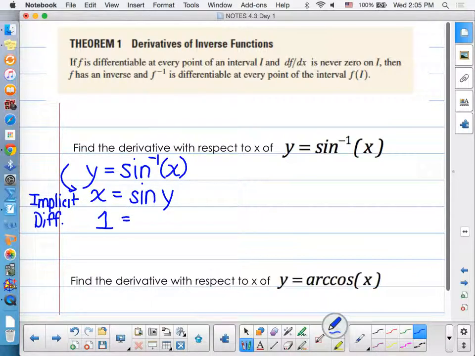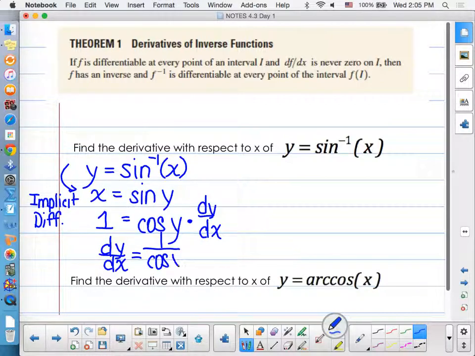The derivative of the right-hand side, well, sine's derivative is cosine, but since I don't know the y function, I need to talk about the derivative of the y function there. So as I solve for this, I'm going to get dy over dx, the derivative of y in terms of x, is 1 over the cosine of y. However, that's not really in terms of x, that's still got the y value sitting in there.